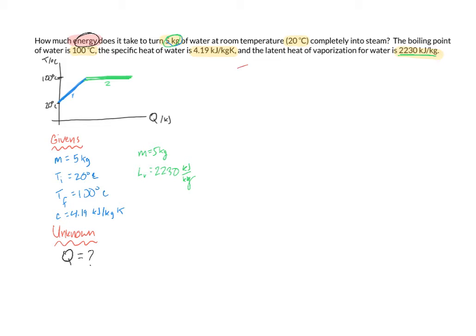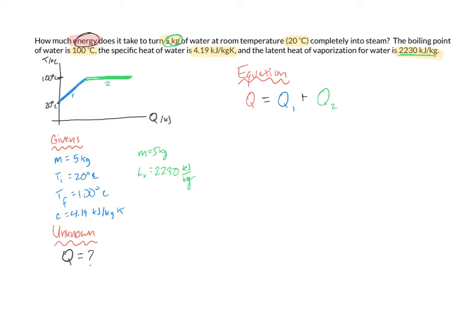So let's go ahead and write our equation. We have Q. That is going to equal the heat required for the temperature change, so I'm going to call that Q1, plus the heat required to turn our water into steam, Q2.